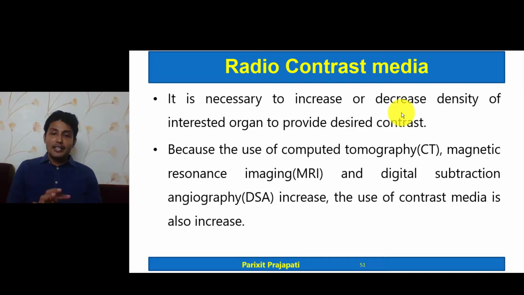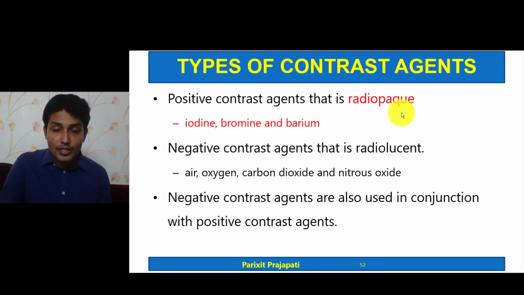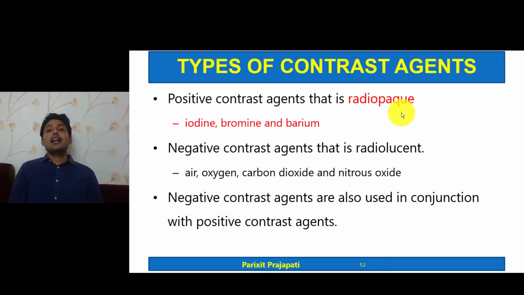So to increase or decrease this contrast, contrast media are used. These contrast media are of two types. One is known as positive contrast agents. Another is known as negative contrast agents.